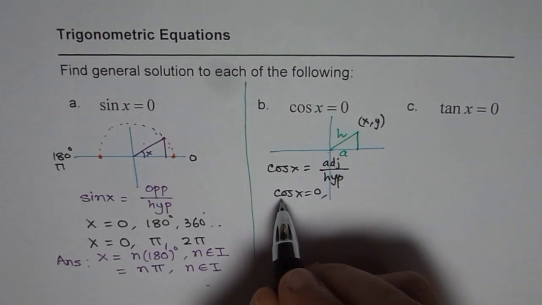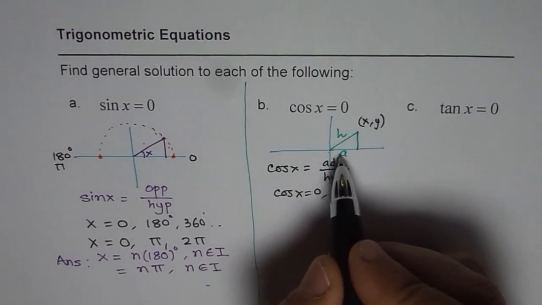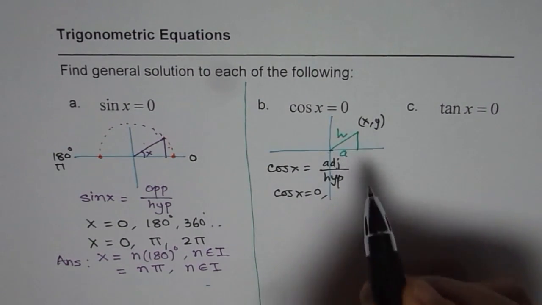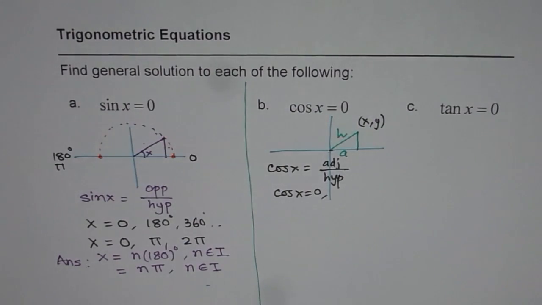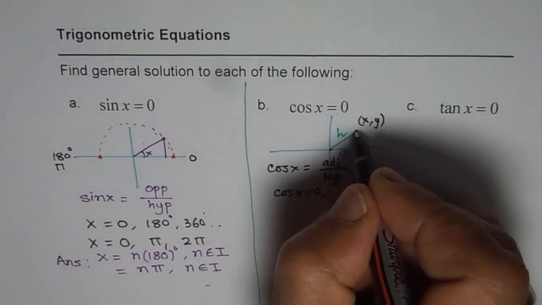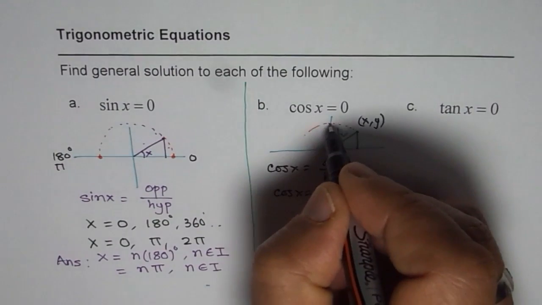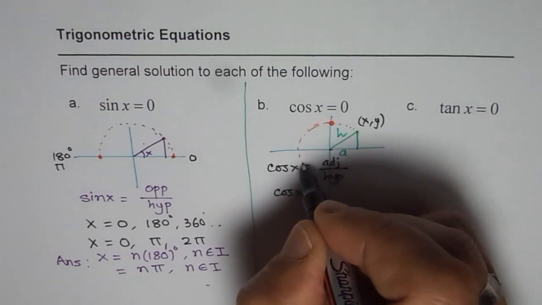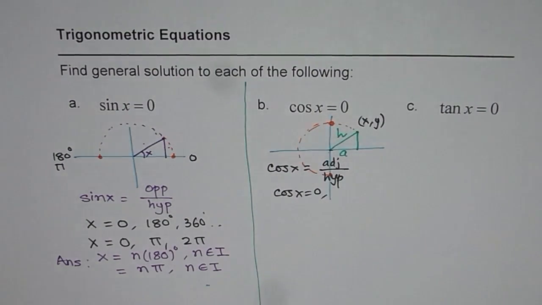Or we can say cos x equals to 0 when distance along the base is 0. Now that is only possible if the point is on the vertical axis, right there, or in the bottom. These are the two places, right?